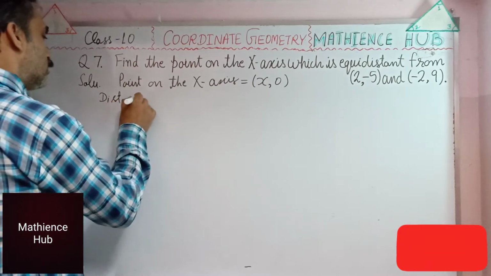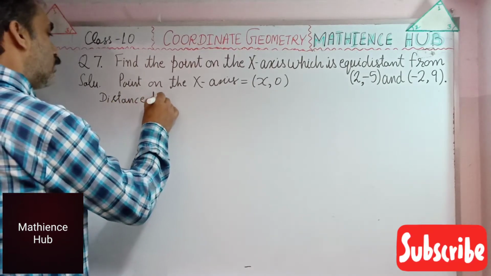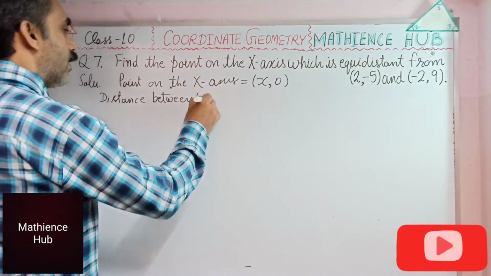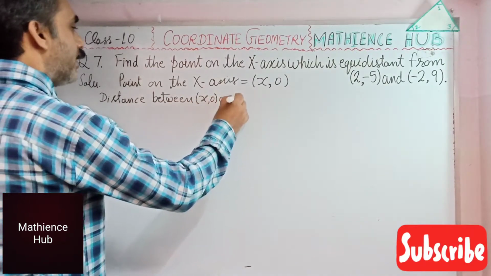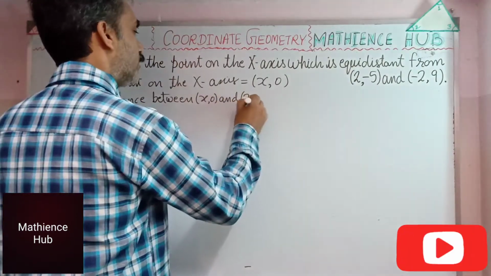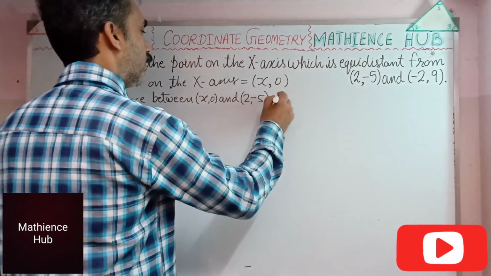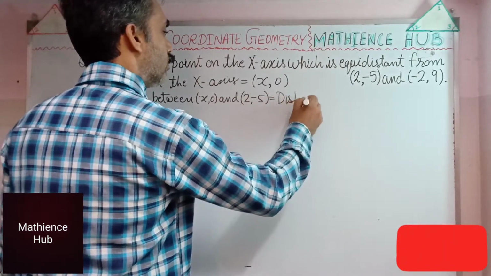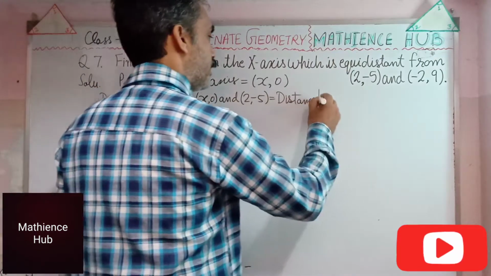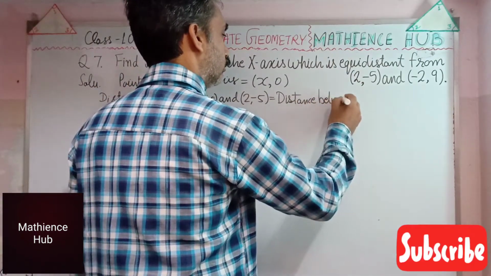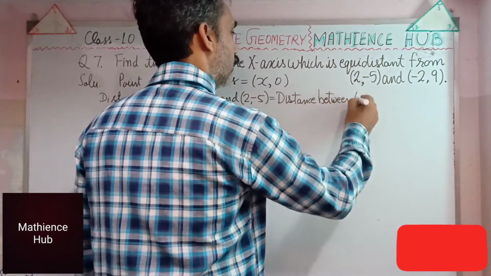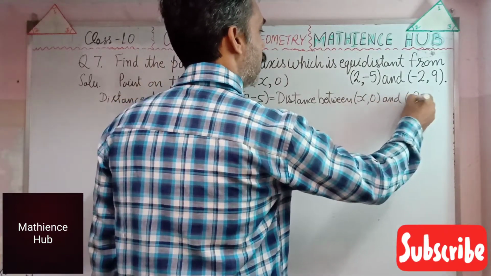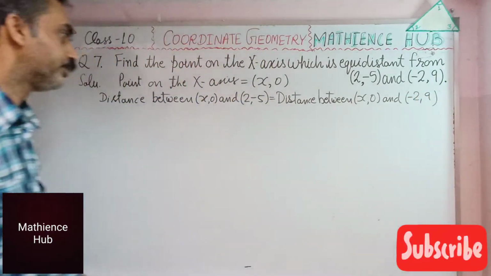The distance between (x, 0) and (2, -5) is equal to the distance between (x, 0) and (-2, 9).